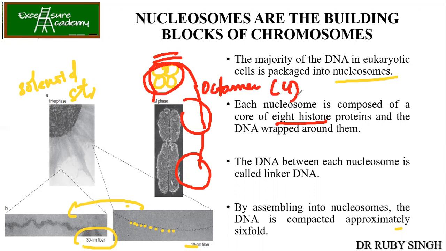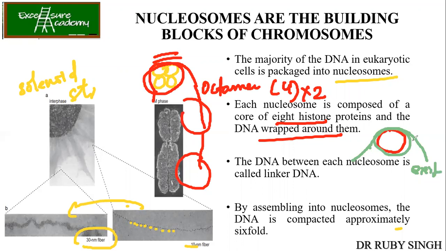Basically, 4 types of proteins are there, and they are present twice. And the DNA is wrapped around them. If you have the nucleosome like this, then the DNA is wrapped like this, 2 times. If this is the entry, this is the exit. On the surface of the nucleosome, the DNA is wrapping 2 times.